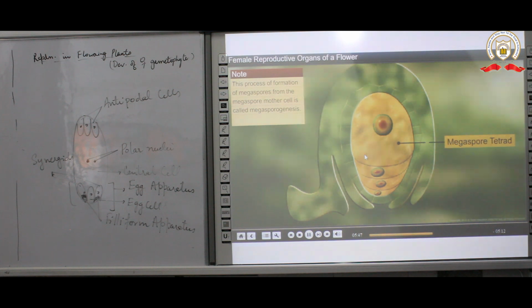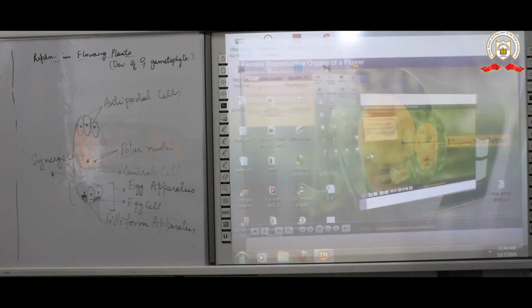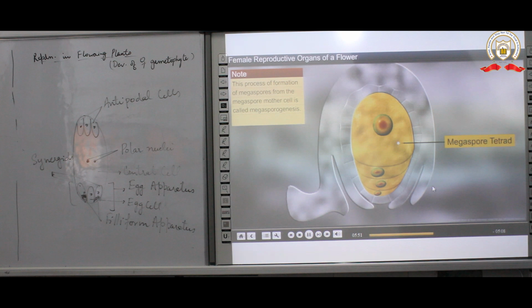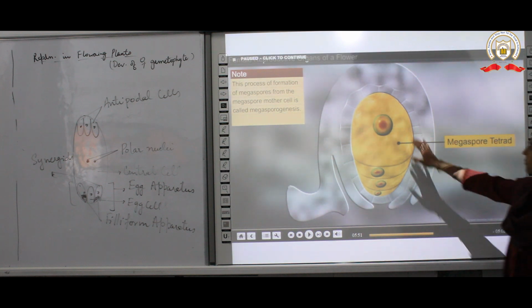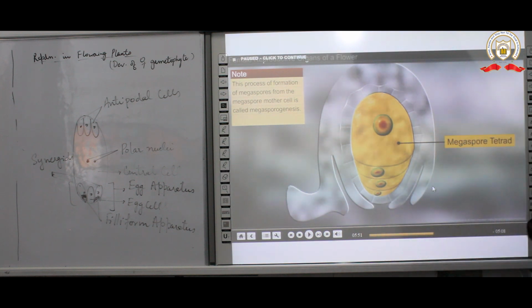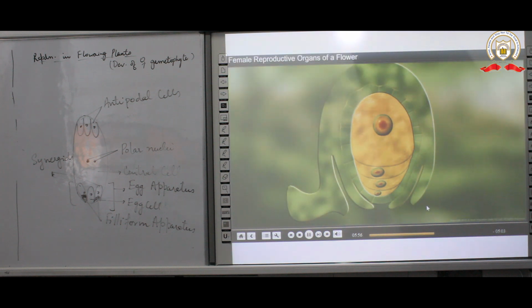This process. Now you can see from the tetrad, one of the cells remains and the 3 of them are degenerating, right? Of this, only one is remaining, and this is going to develop to form the embryo sac.